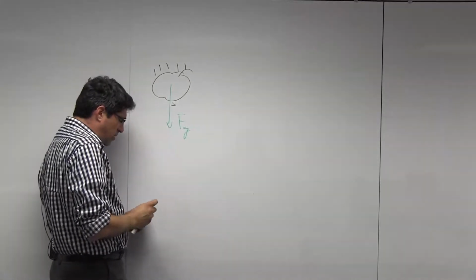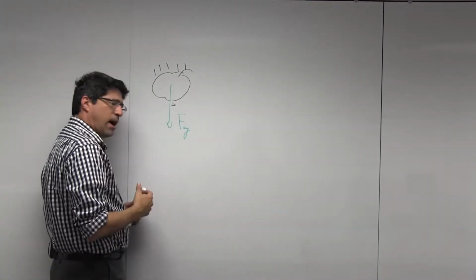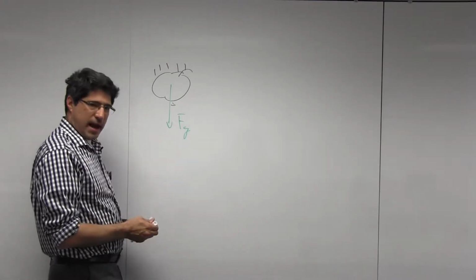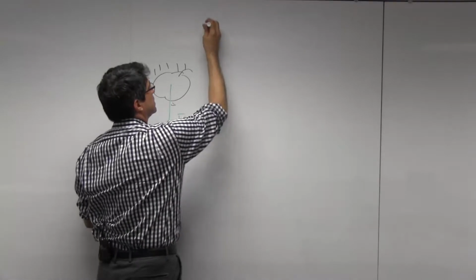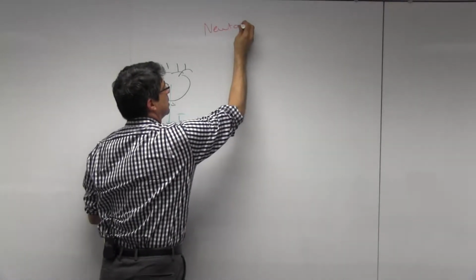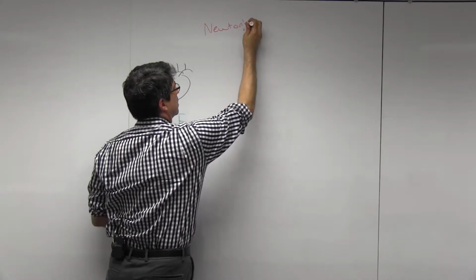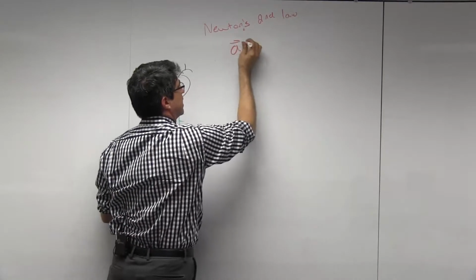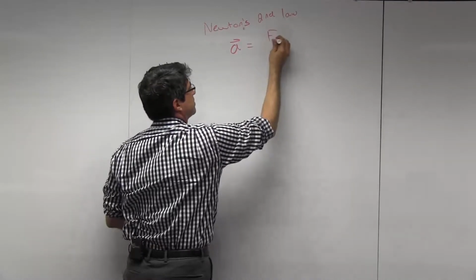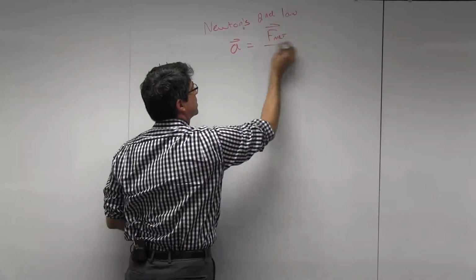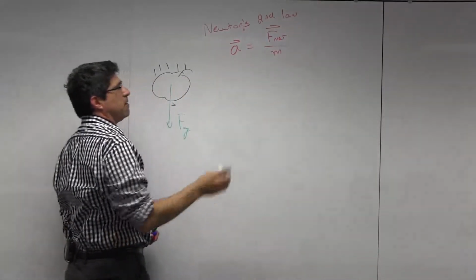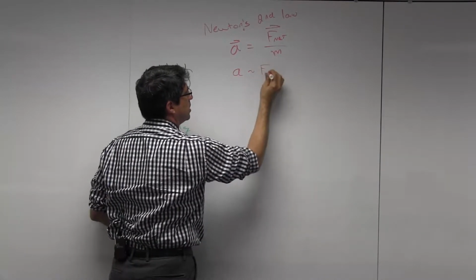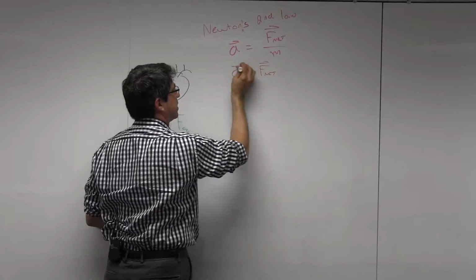Now we do know that objects accelerate in a direction proportional to the net forces acting on it. This is Newton's second law, which says that an acceleration is proportional to the net force divided by m. But right now, let's just stick to this. An acceleration is proportional to the net force acting on something.